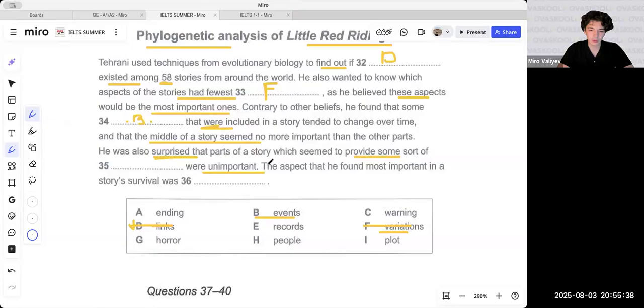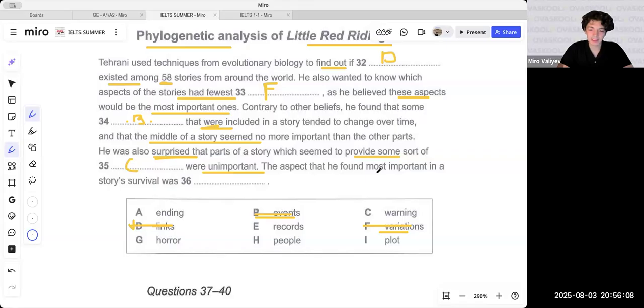Ending, no. Horror, no, because a cautionary message is not horror. Records, no. People, doesn't make sense. Warning, yes. Caution is a synonym of the word warning. So it's got to be C then.